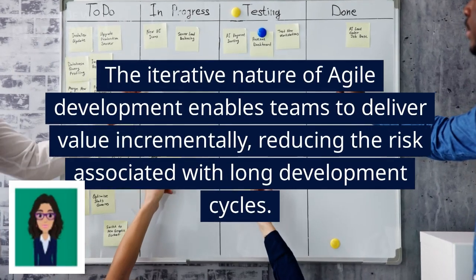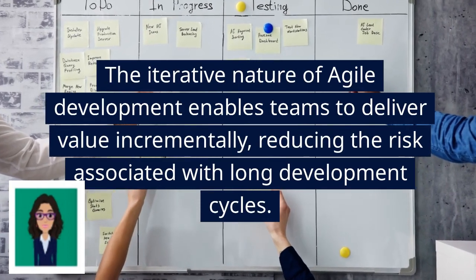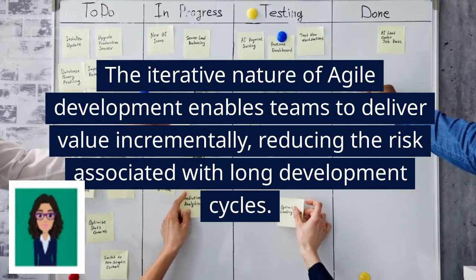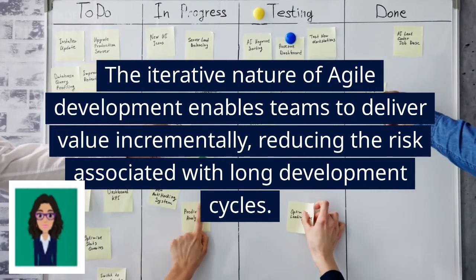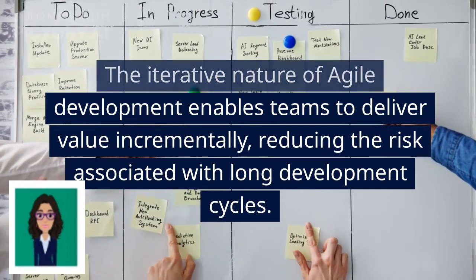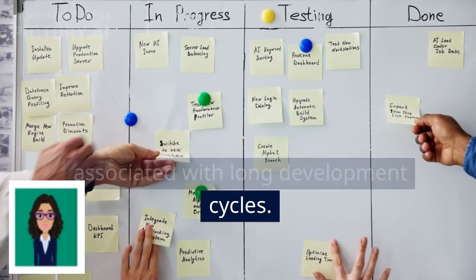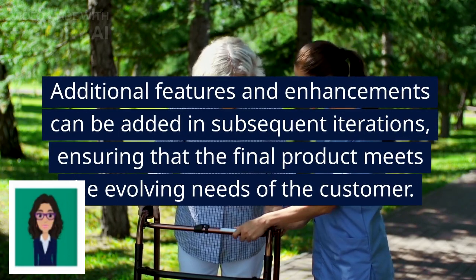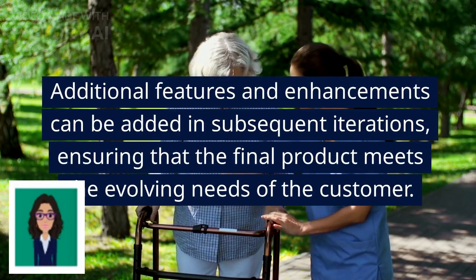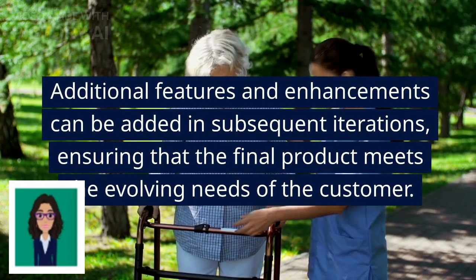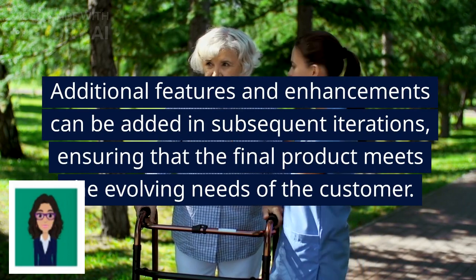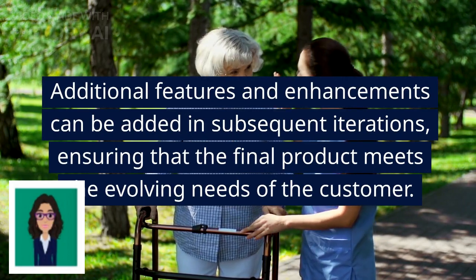The iterative nature of Agile development enables teams to deliver value incrementally, reducing the risk associated with long development cycles. Additional features and enhancements can be added in subsequent iterations, ensuring that the final product meets the evolving needs of the customer.